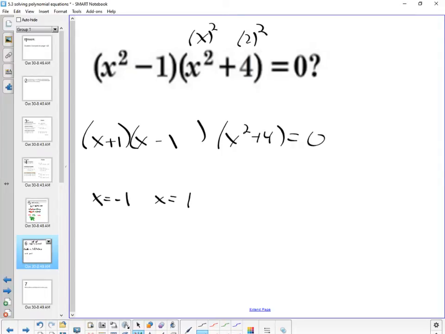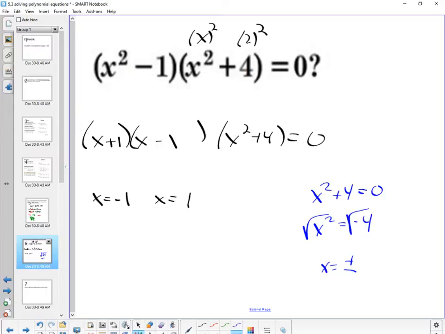And then we still need to get the other two zeros. What we can do, same as we did a minute ago, is ask algebra, hey algebra, when does x squared plus 4 equal 0? And then what we'll do is we'll go x squared equals -4. Take the square root of both sides. x will give me plus or minus. Why plus or minus? Oh, because it's positive or negative. I took the square root of a square. Whenever I take the square root of a square, I should do plus minus.